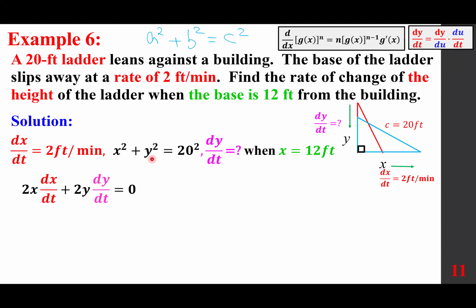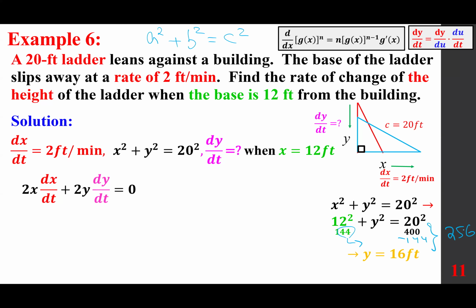We must plug in and calculate. So when x is 12, we get 12 squared plus y squared equals 20 squared. 12 squared is 144. 20 squared is 400. Subtract. You get 256. You take a square root, y becomes 16 feet.